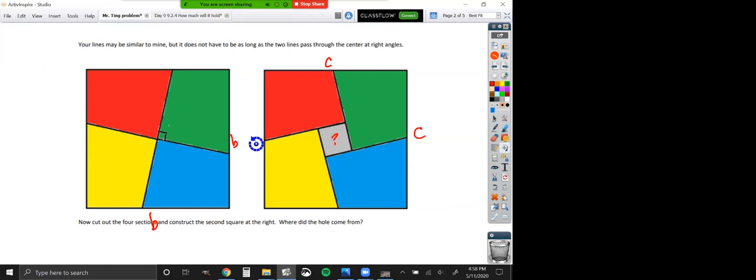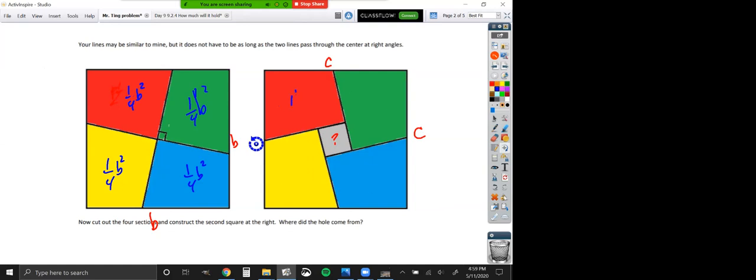So I figured that if this is 1/4 of the original B squared, and this is 1/4 of B squared, and this is 1/4 of B squared, and this is 1/4 of B squared, then that means that these four pieces here must also be the B squared.